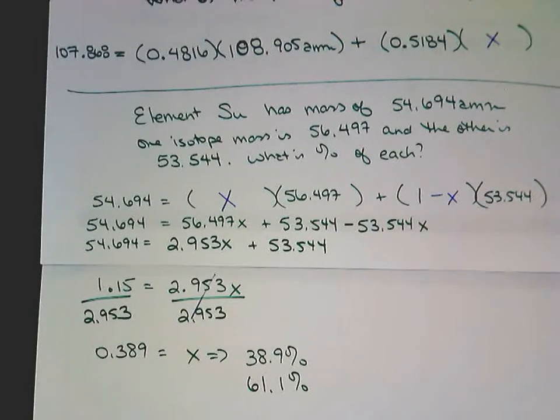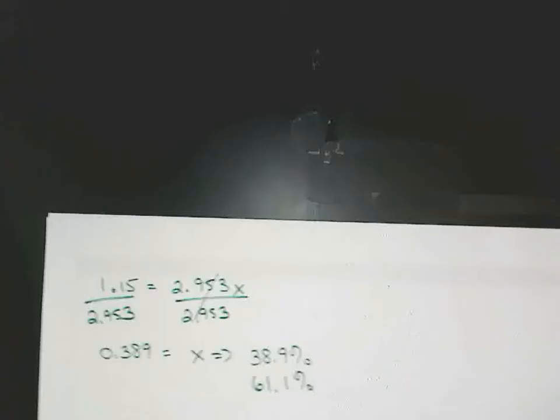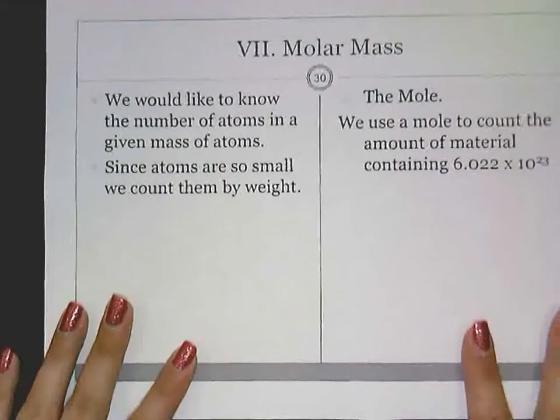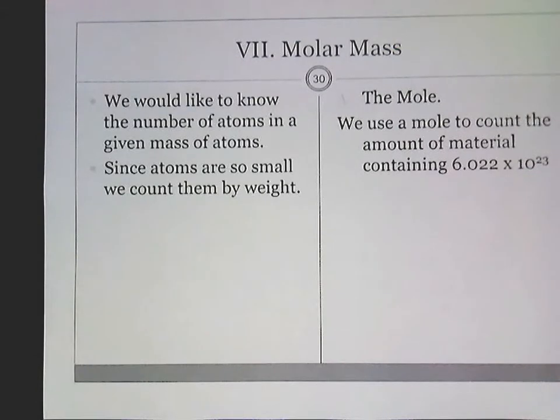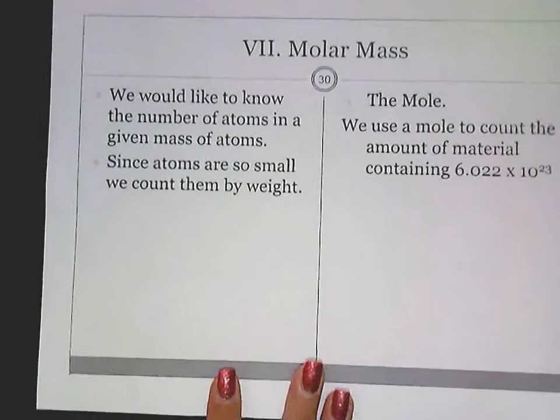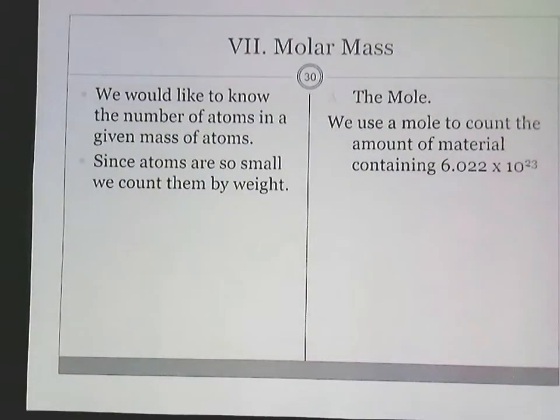In that case, let's finish up the last thing in chapter 2, which is the mole. All right, so I'm only going to spend a minute on this because I think most people have at least talked about the mole in some version or form, right?